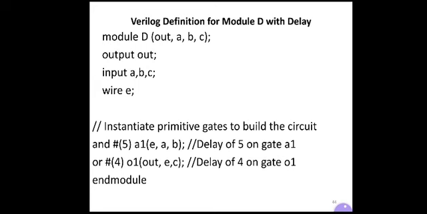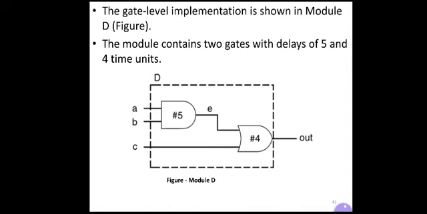Then the instantiation part. In the circuit itself we have seen that the AND gate introduces 5 units of delay and the OR gate introduces 4 units of delay, so that is specified here, followed by #5. #5 is the delay here. A1 is the instance name, it is optional. So observe the circuit diagram. For the AND gate, E is the output, A comma B are the inputs.